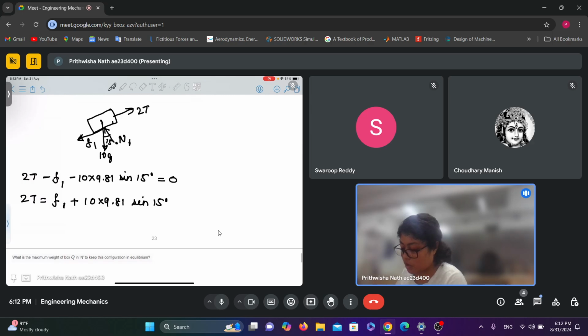And along the normal direction, I can write this as N1 minus 10 into 9.81 cos 15 degree equals to 0.